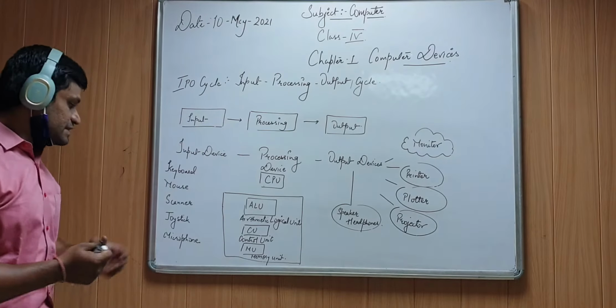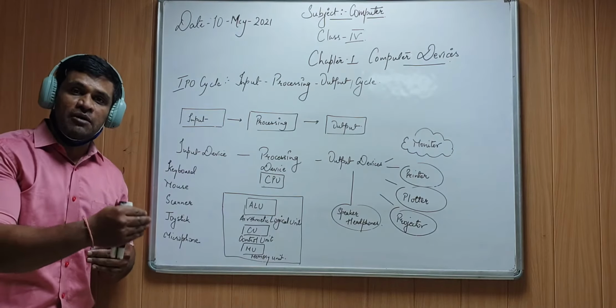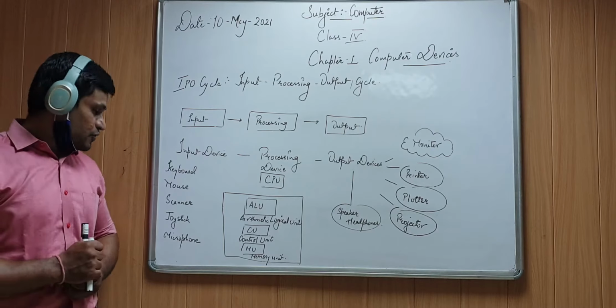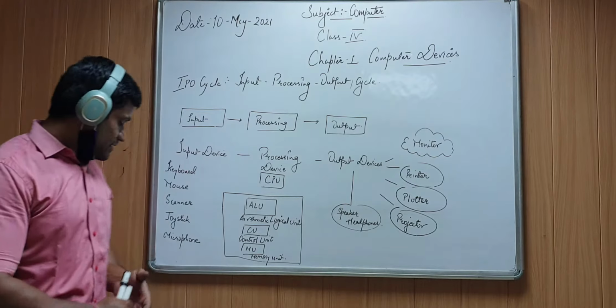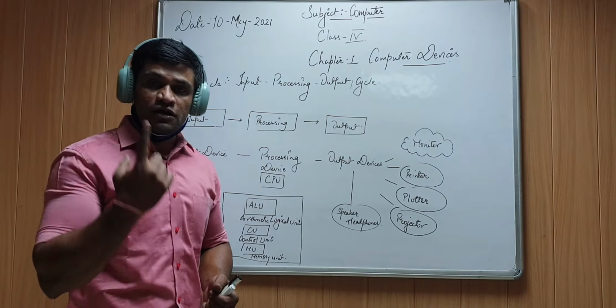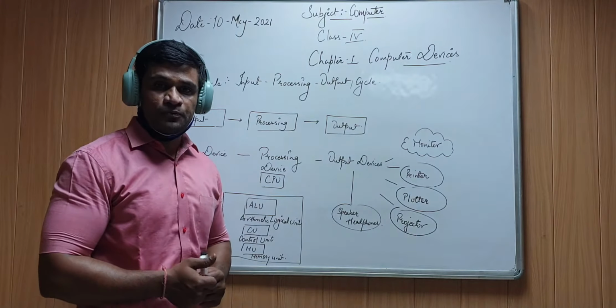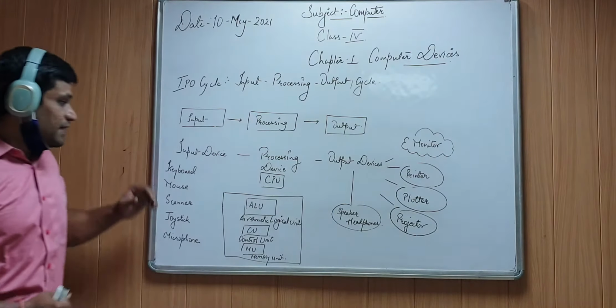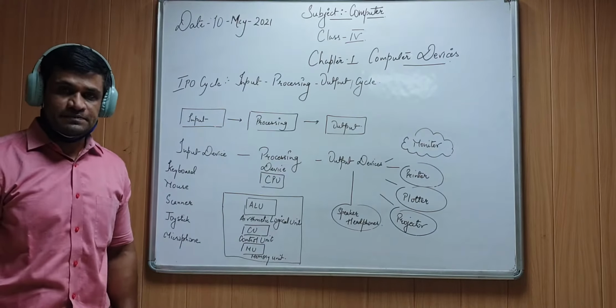By using the scanner, we scan pages, make a soft copy, a computer image, and save it in the computer. By using the joystick, we can play. By using the microphone, we can capture our audio, like which you are listening to right now. So those devices which are used for input are known as input devices.